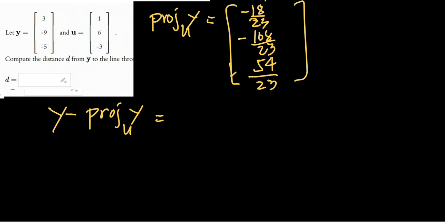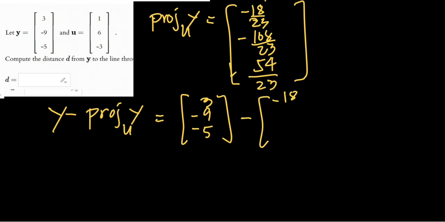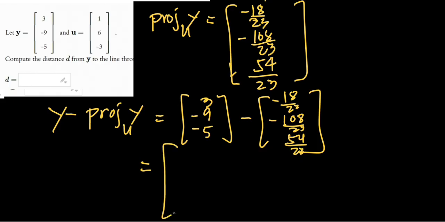Y is 3, negative 9, negative 5, minus that one: negative 18 over 23, negative 108 over 23, 54 over 23. So 87 over 23, and the other one, negative 9 plus 108.